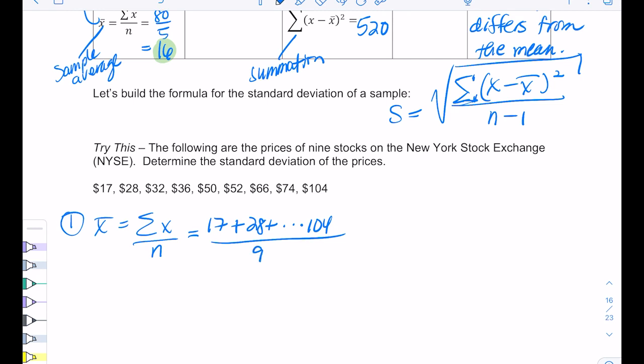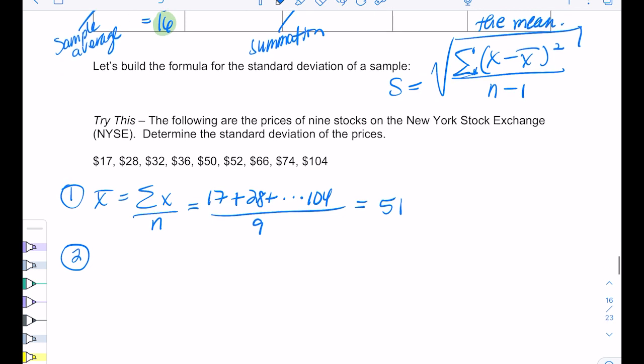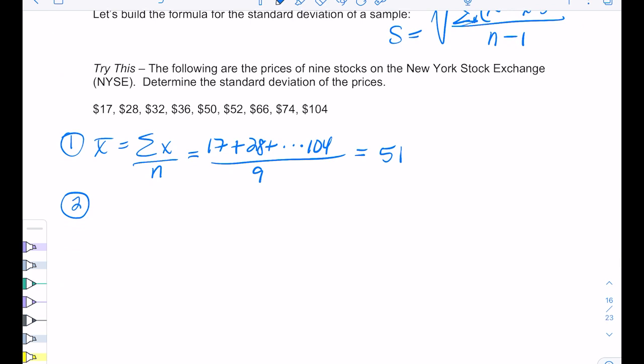So when you add all those numbers up and divide by 9, you end up with 51. So that's the average price of the stocks. Okay, the second step, remember, is to take all those values and now subtract the average that we got. So I'm going to take each of those values and subtract the average.